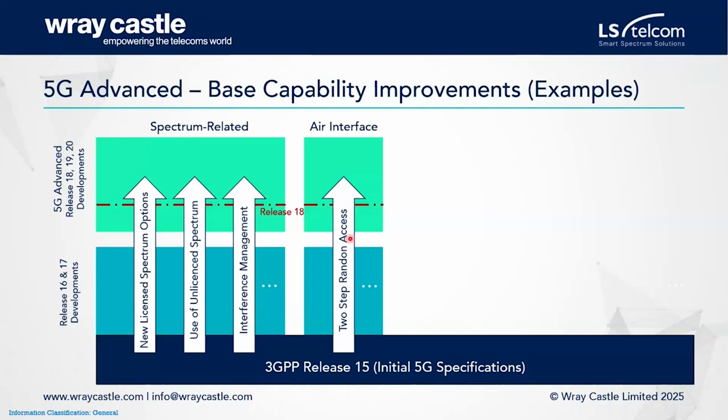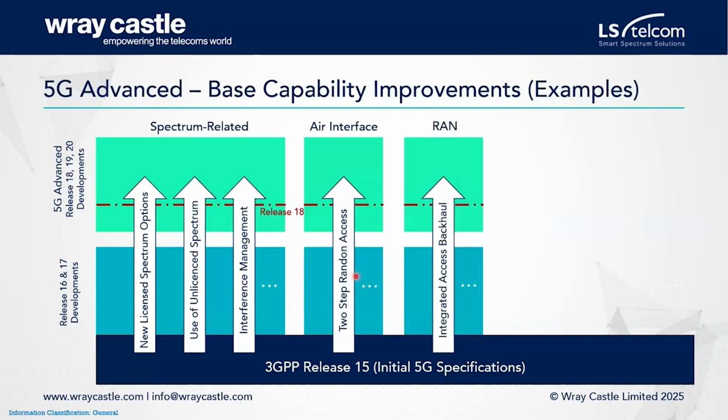One of which is, how long does it take a device to connect to a satellite? Actually, this improves that process for satellite access. You've got things, these are only examples, by the way. There's a lot more spectrum related things which we've developed since release 15, but these are just some examples. Same with the air interface, just an example.